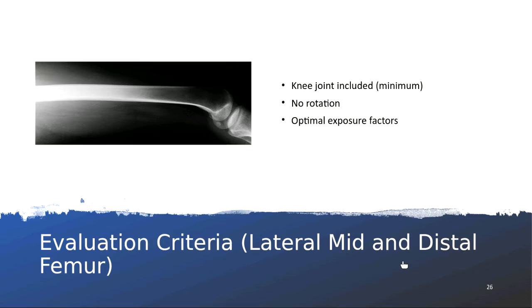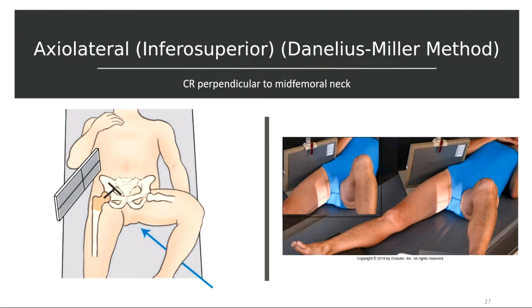And then the last image we do, the lateral of the proximal, is actually found on page 286, and this is called a Danelius-Miller, or an axiolateral inferosuperior. Okay, again, this is found on page 286, the Danelius-Miller method.